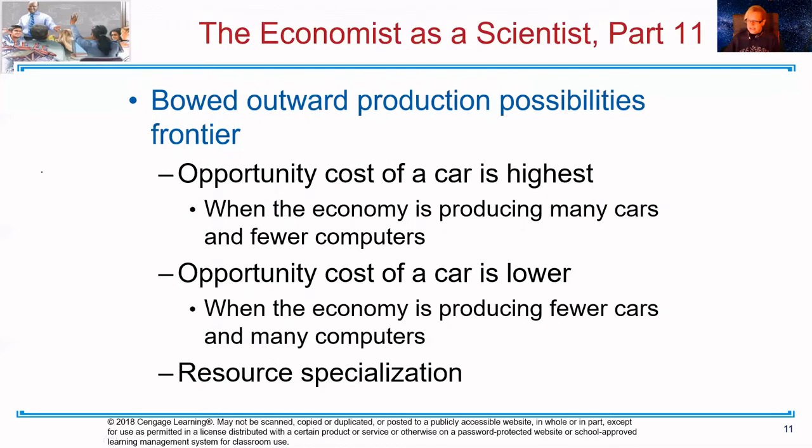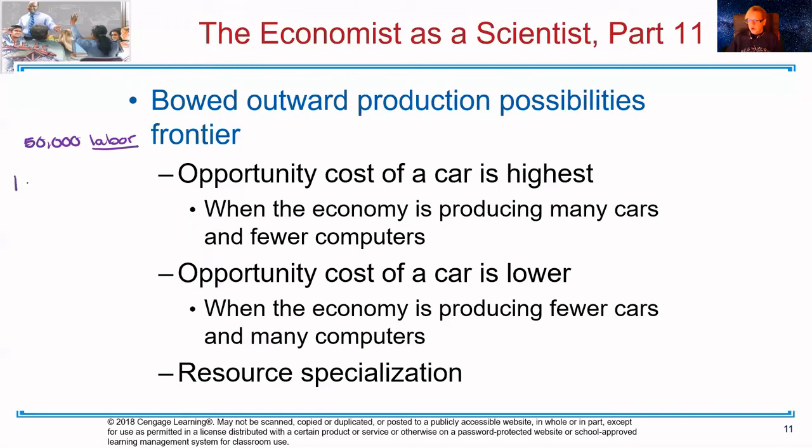Okay, so let's take an example, and let's say that in a given economy, we have 50,000 labor hours. Is this going to be a bowed out shape or a straight line? If you answered straight line, you're right. And the reason is because we're measuring one and only one factor of production.